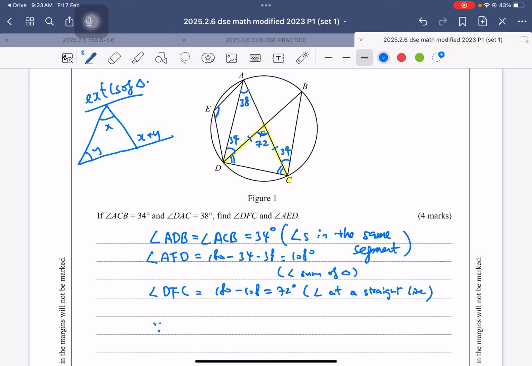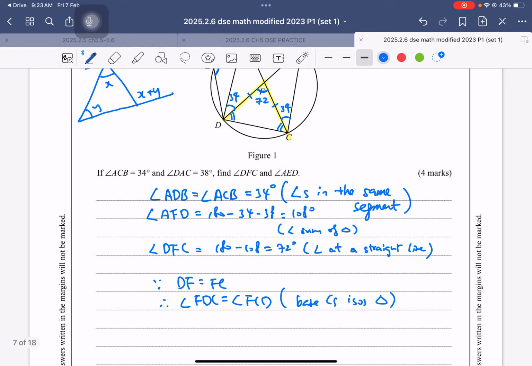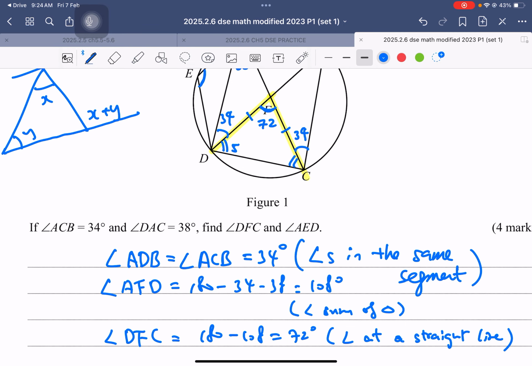Because DF is equal to FC, we have angle FDC equal to angle FCD, the base angles of an isosceles triangle. So angle FCD is equal to 180 minus 72 divided by 2, giving you 54. Is this okay for you? So this is 54, and this is 54.